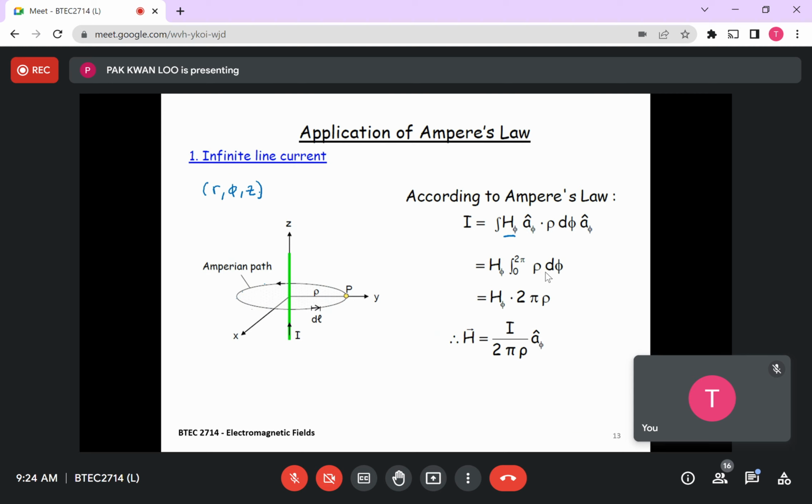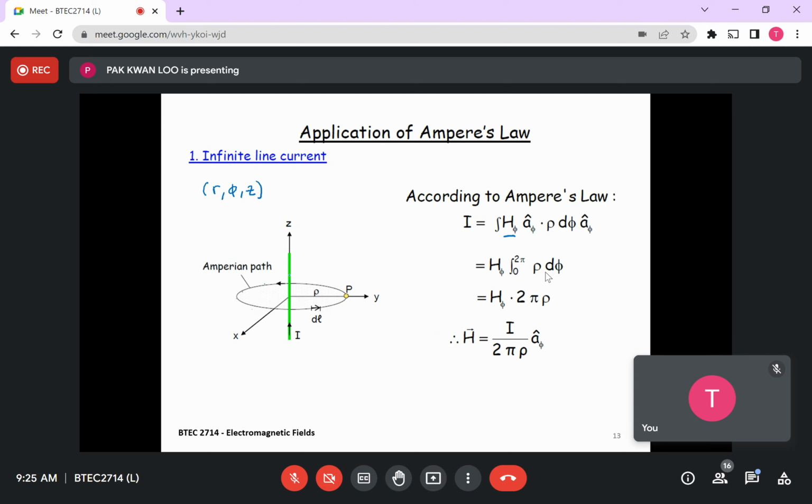So the phi component, other components don't exist, due to the fact that, as I said, the Amperian path that we apply, from any point of observation on the path looking towards the current direction, is the same. So it doesn't change the current. Any point of reference along the path, when you look at the current, is the same.